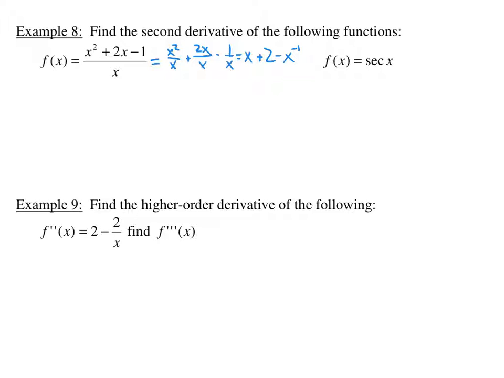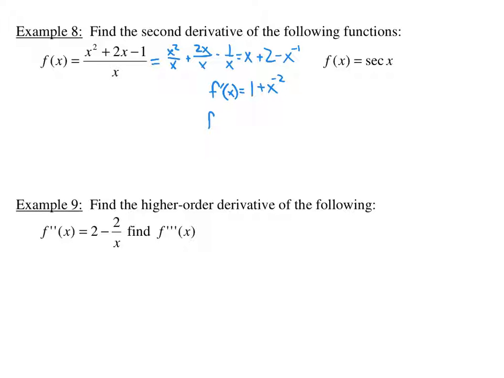So now I know that f prime equals what? 1. Derivative of 2 is 0. And then positive x to the negative 2. Very good. Okay? So there's our first derivative.